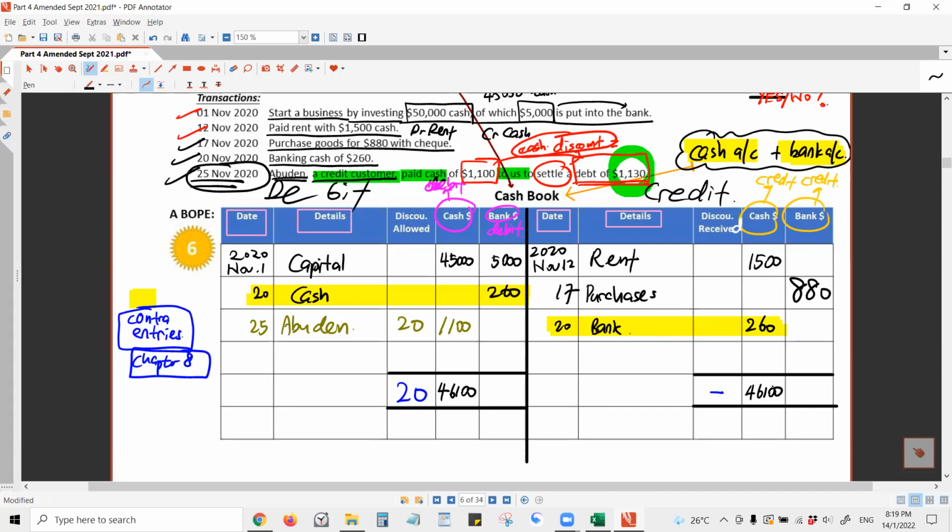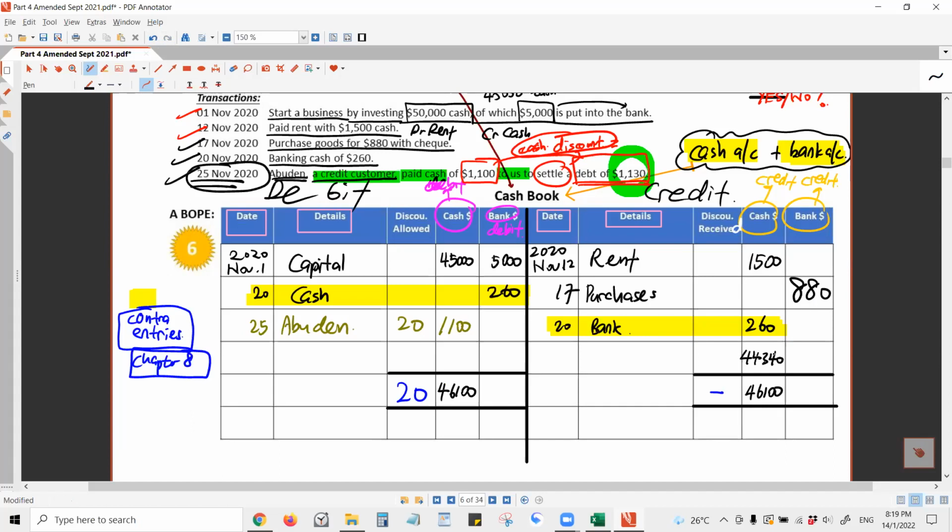Copy this total to the other side, 46100. Then take this total that you have just written and minus the two numbers here. So do the deduction. 44340.